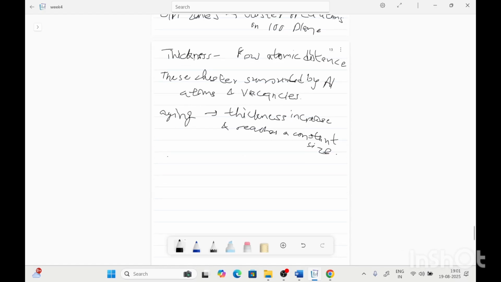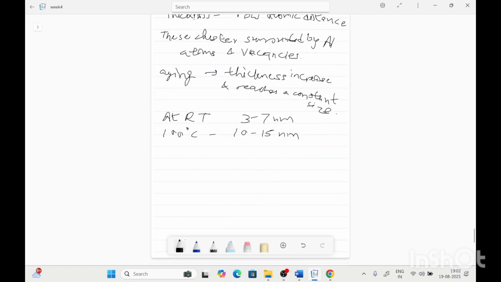At room temperature, due to room temperature aging, the size is generally 3 to 7 nanometer. And if a high temperature of around 100 degrees Celsius is provided for aging, that will increase the GP1 zone size to 10 to 15 nanometer. The copper content in the aluminum copper system does not affect the size of the GP zone, but affects their number.